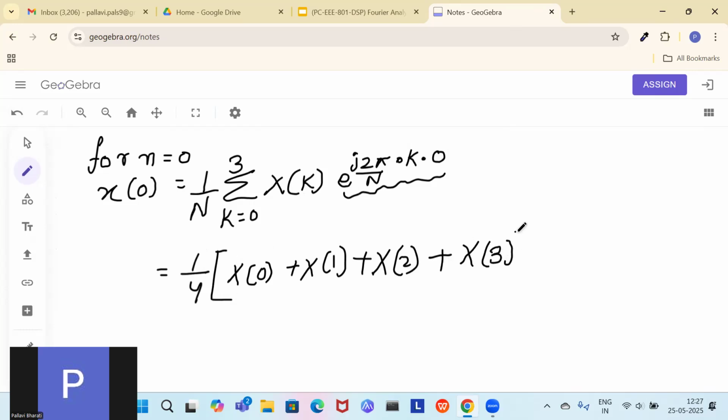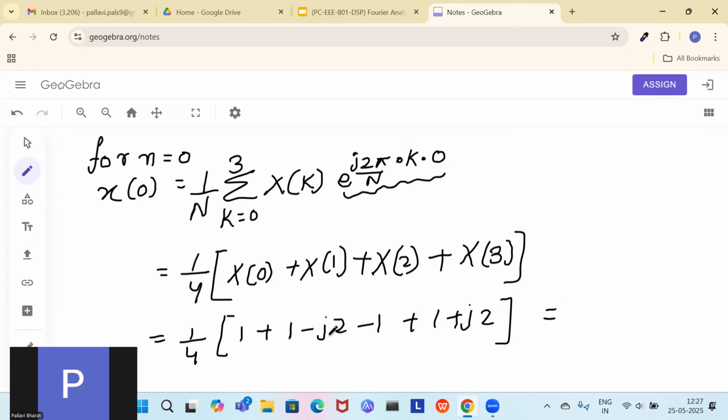Now these values are already given in the question to us. So 1 by 4, 1 plus 1 minus j2 minus 1 plus 1 plus j2. So what is the value that you are getting? 1 by 2.